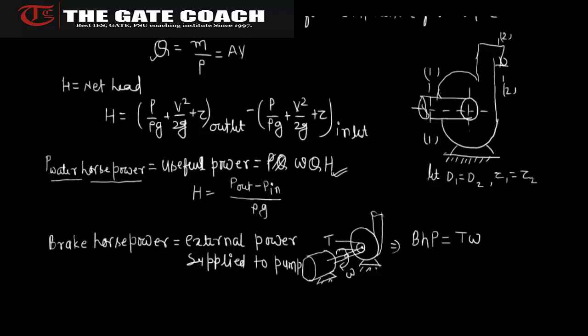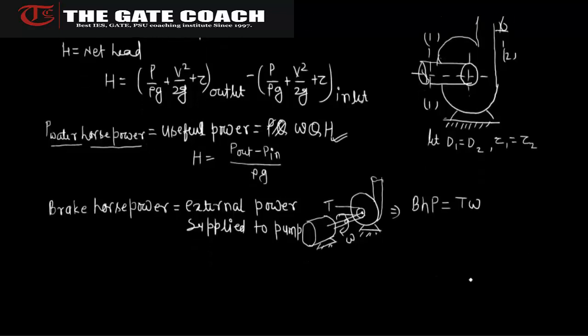So based on this we can define the pump efficiency. Pump efficiency is equal to the power out over the power in. The power out is the water horsepower, and the power in is the brake horsepower.